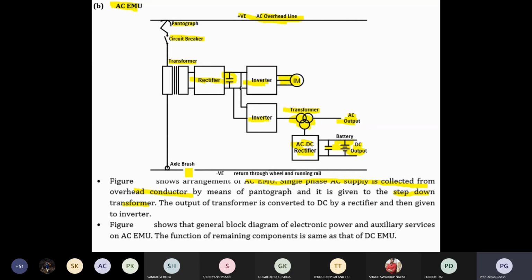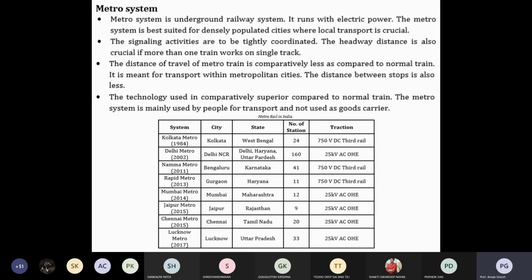So definitely you need to step it down, otherwise you are not able to use it. Okay, the converted DC from the rectifier is given to the inverter. So the figure shows the general block diagram of the electronic power and auxiliary service of the EMU. The functions of the given components are the same as the DC EMU. That function I have already discussed.